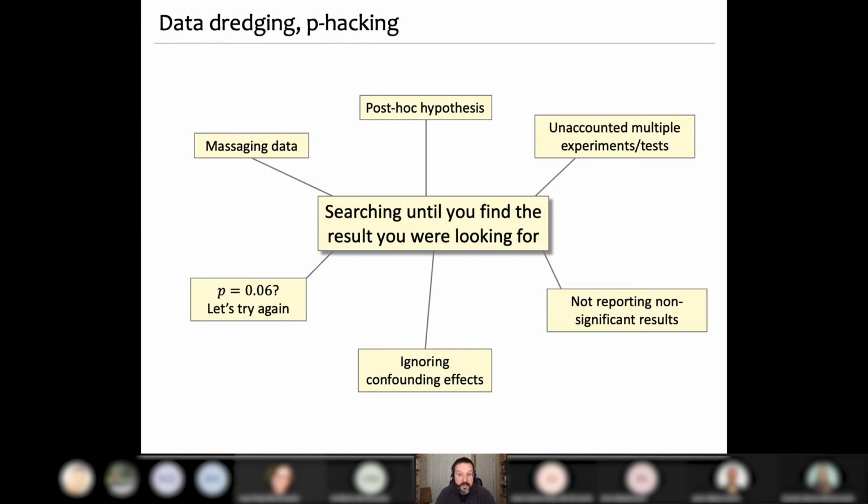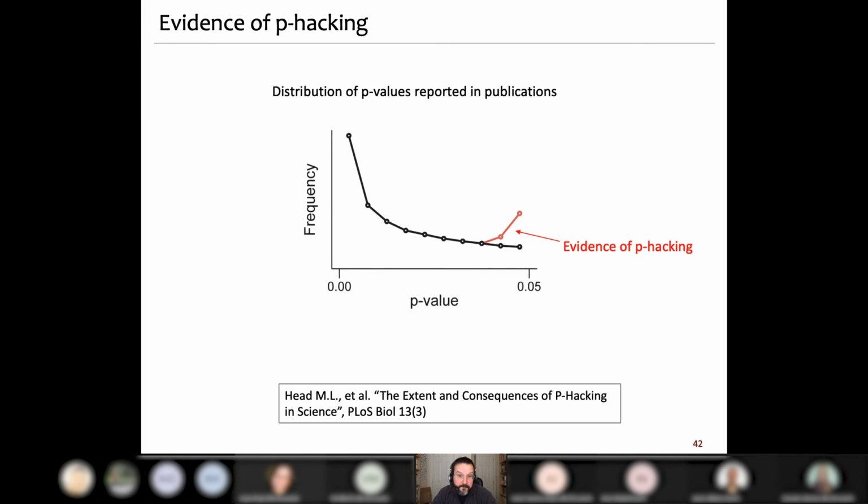And this leads some researchers to cherry-pick promising results, to data dredging, to p-hacking. And please don't get me wrong, this is not malicious. It is usually done with the best intentions of publishing a result. I'm not talking here about just blatant cheating. This is the reality of scientific research, and you have to be aware of this.